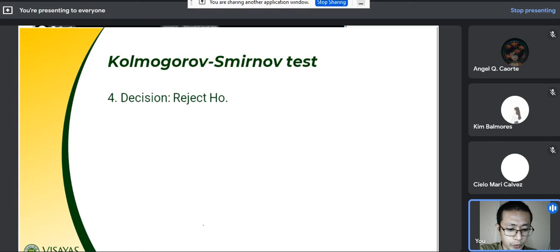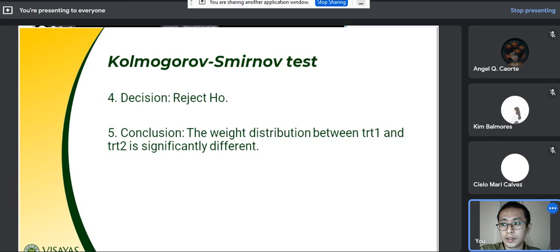And what can we conclude if we reject our null hypothesis? Class, what can we conclude? Anybody? Okay, the weight distribution across the two treatment groups is different.